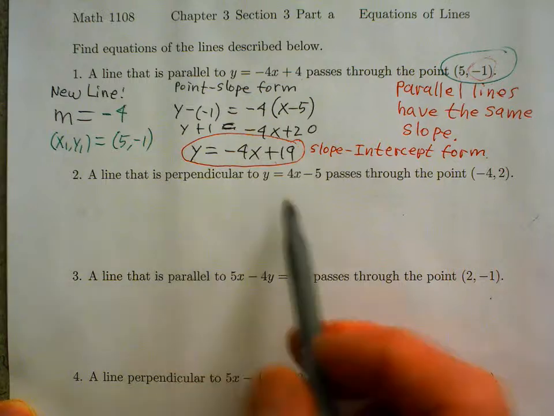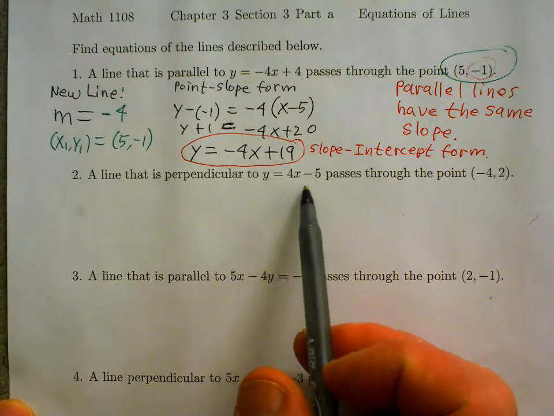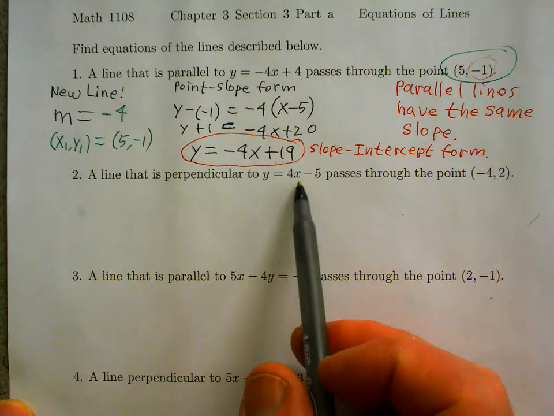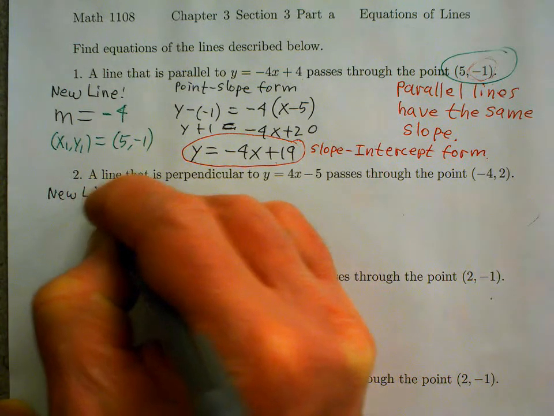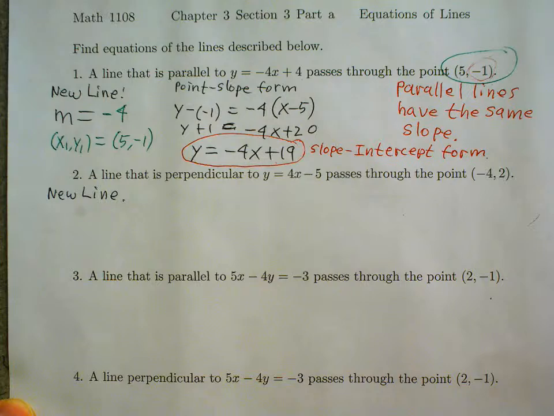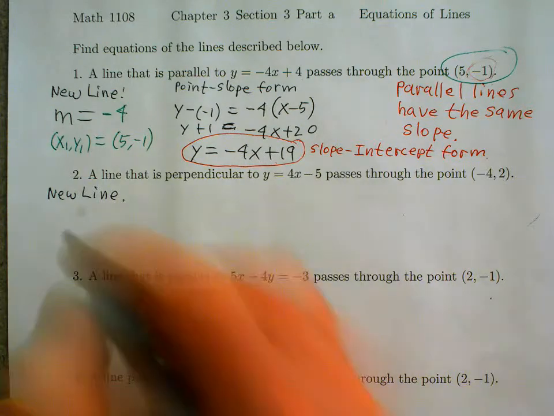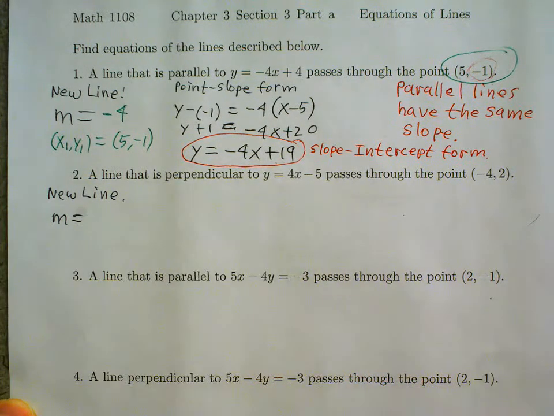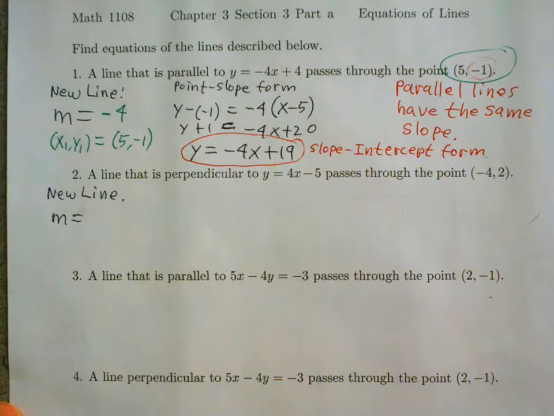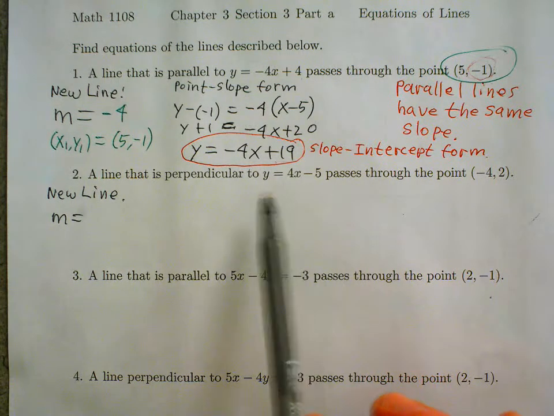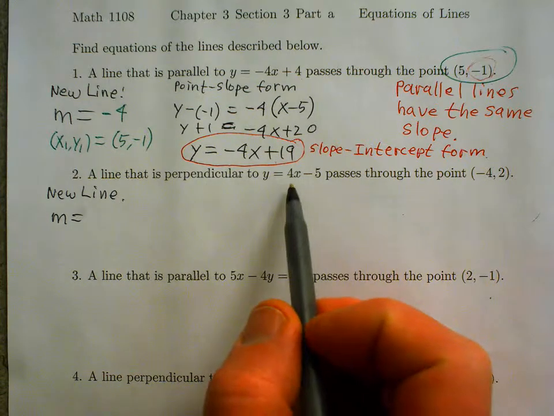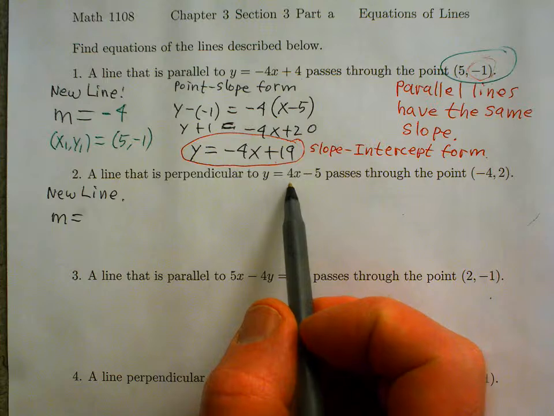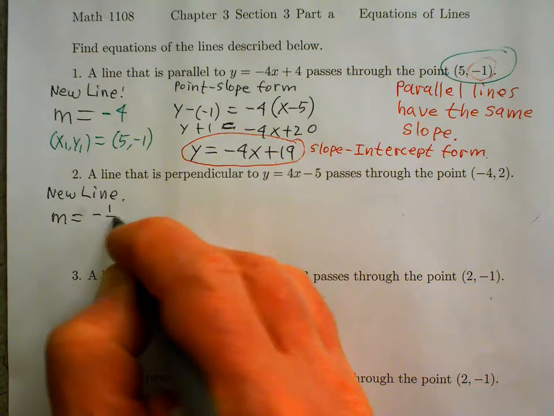The new line, whose equation we're trying to find, is perpendicular to the given line. So we use what we know about finding slopes of lines that are perpendicular. What's the slope of the new line? -1/4. Yeah, the negative reciprocal of 4/1 is -1/4.